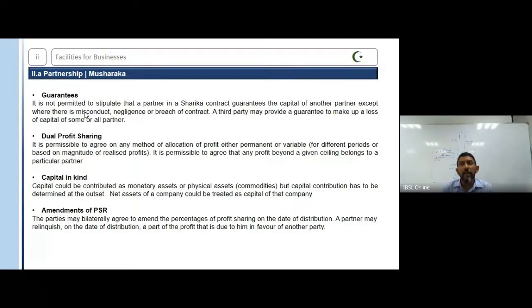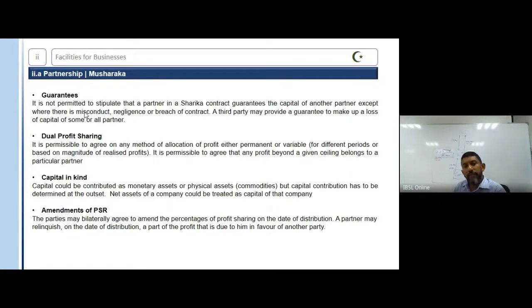So if there is a loss, the bank can only claim the net amount. If there is a loss of 10,000 rupees that the bank has to bear, the bank can only claim 90,000 rupees under the guarantee if the customer doesn't pay. The bank can't use the guarantee to make good its losses under Musharaka.